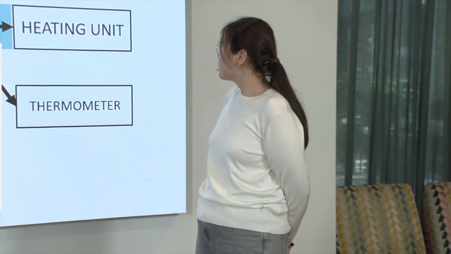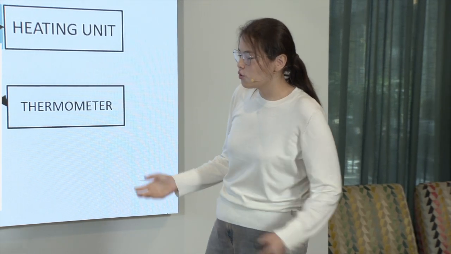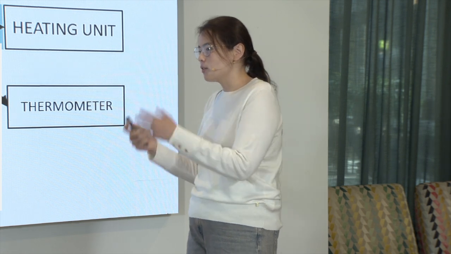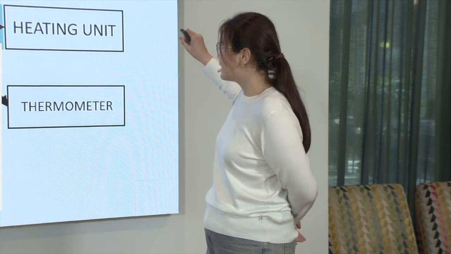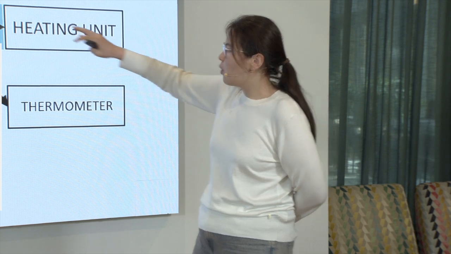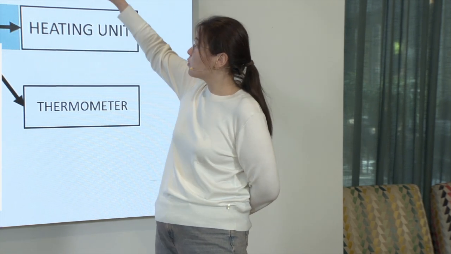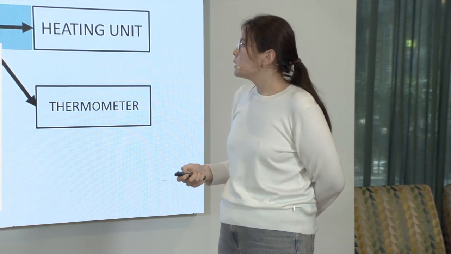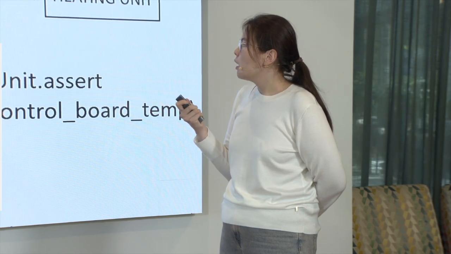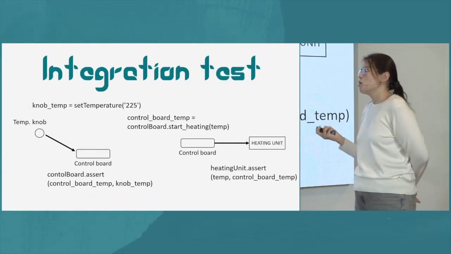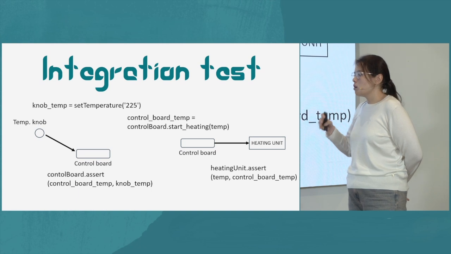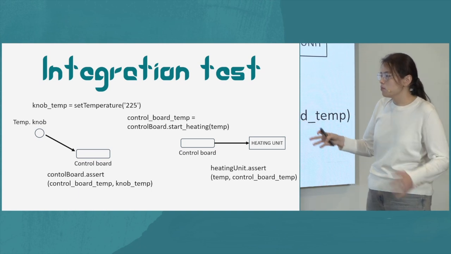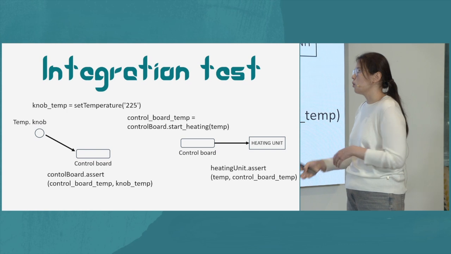The control board would send it to the heating unit to actively heat the oven. This is the schema of how it would work. So we only test this path with the help of an integration test. And there is no need to consider the mode knob or timer knob in this test at all.